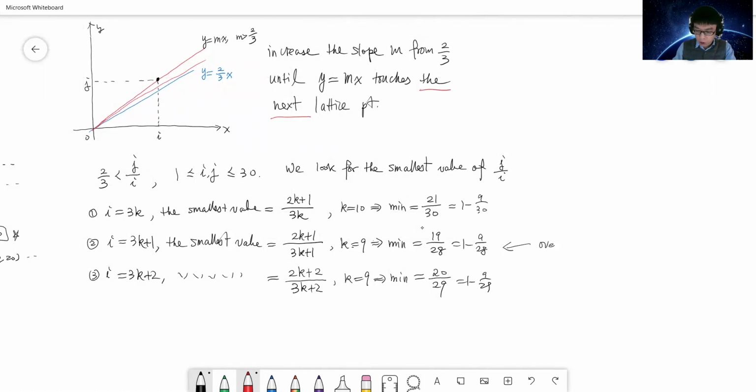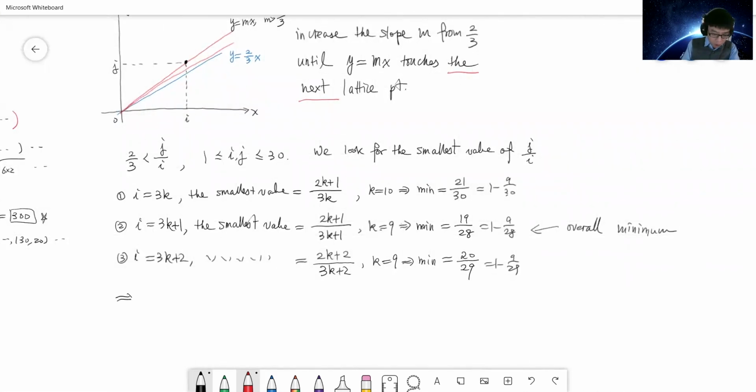This is the overall minimum. So the upper bound of the slope m is 19 over 28.